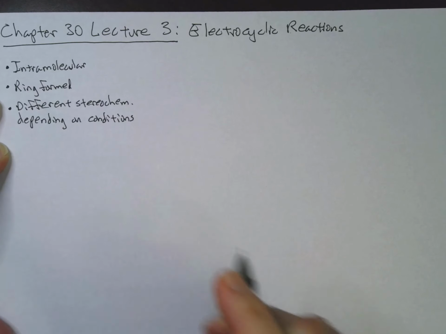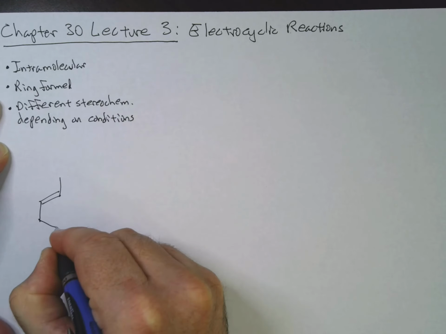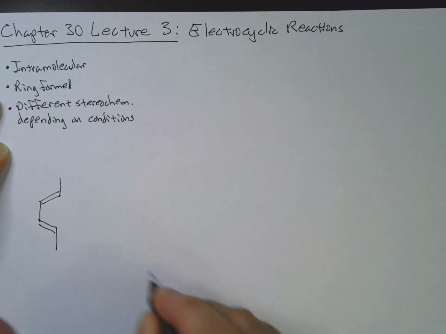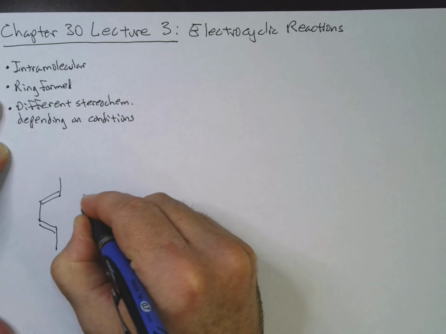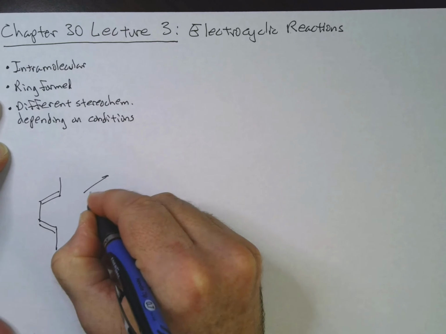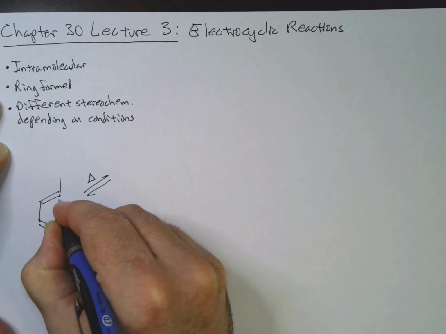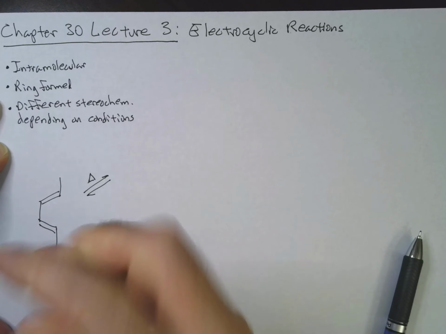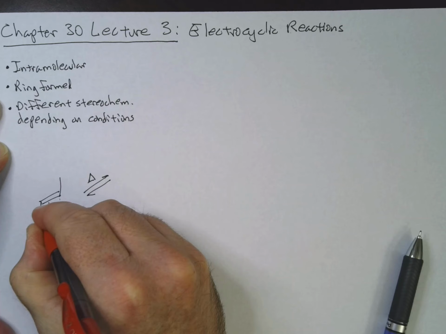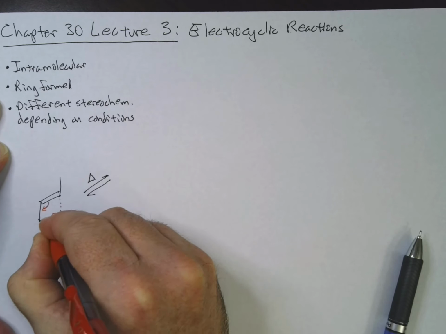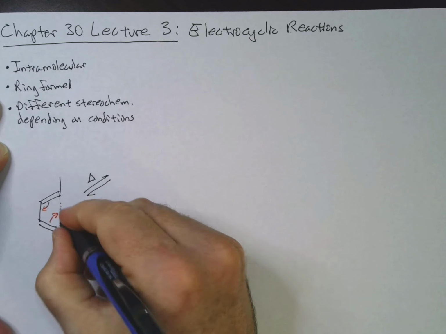All right, well, what's an example of that? Well, let's take the following example. If I take this diene and I heat it up, like before, I get a cyclic concerted mechanism there.